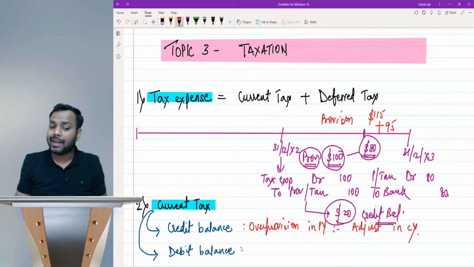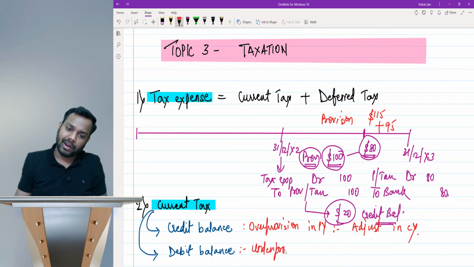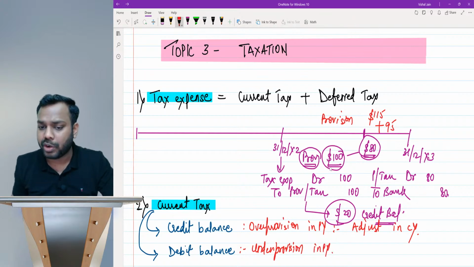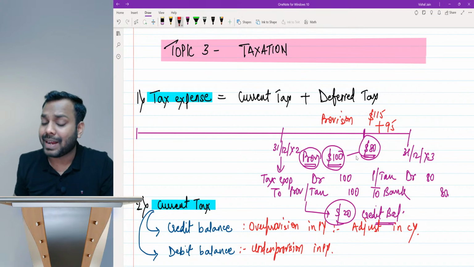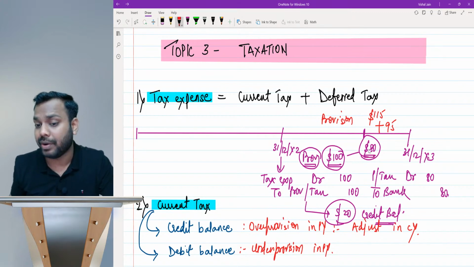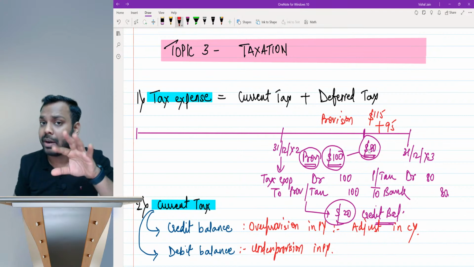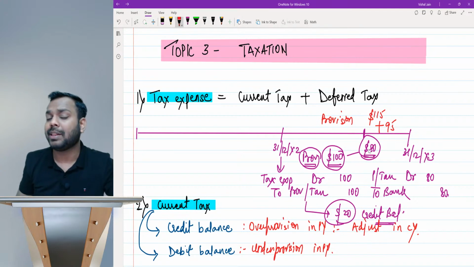Now debit balance means what? Under provision in the previous year, meaning we have made a provision of 100 in the previous year, but when the income tax department reviewed it, it told us that no, it's not 100, it should be 105. So $5 was the under provision made in the previous year, right?